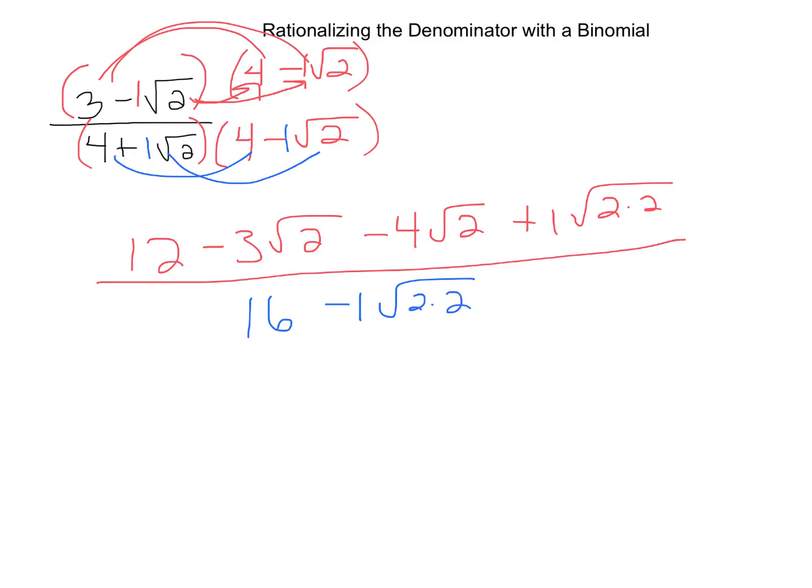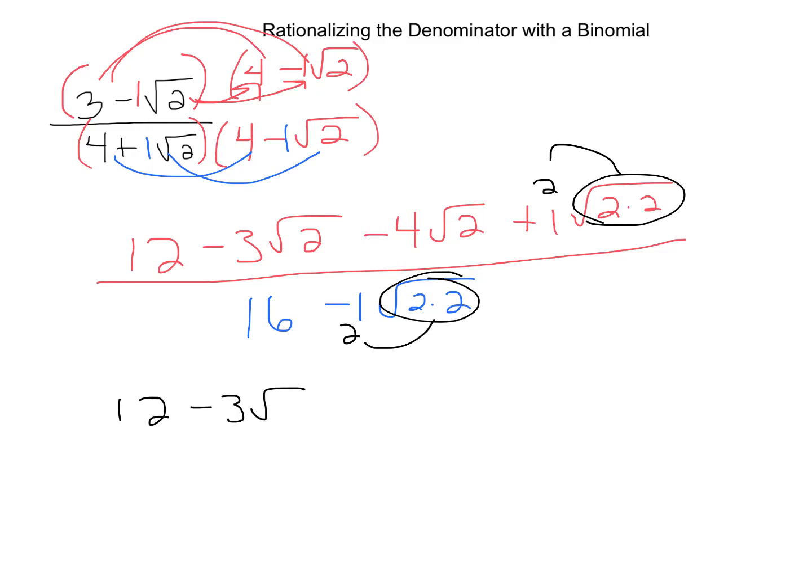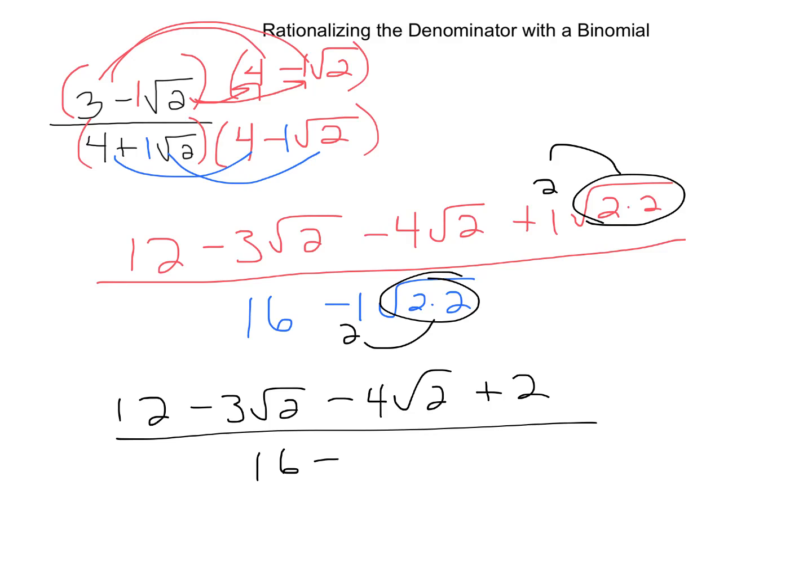Alright, so now, from here, let's pull our perfect groups. It's going to kick out as a 2. That's going to kick out as a 2. So we get 12 minus 3 radical 2 minus 4 radical 2 plus 2 over 16 minus 2.